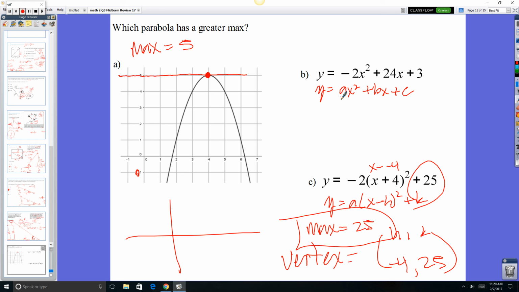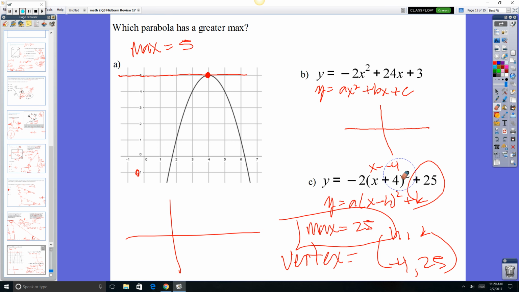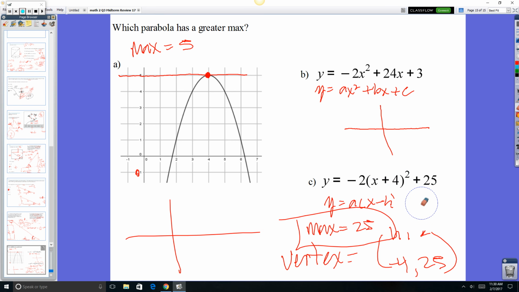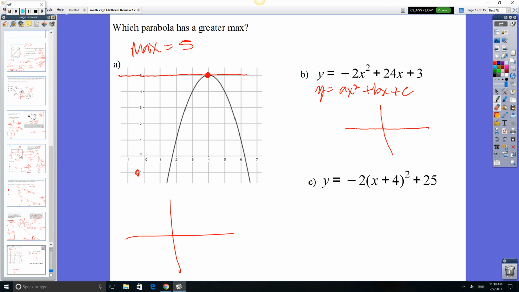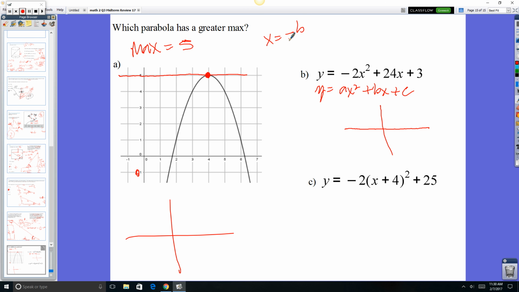Now B, if it's in standard form, to find your vertex, it's a little more work. So you could either complete the square and change it to vertex form, or you could use part of the quadratic formula, x equals negative b all over 2a, and that will give you half of your vertex.